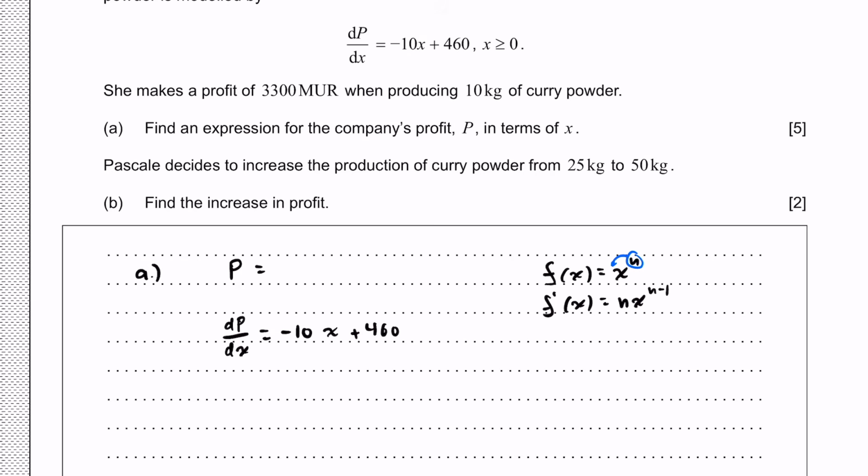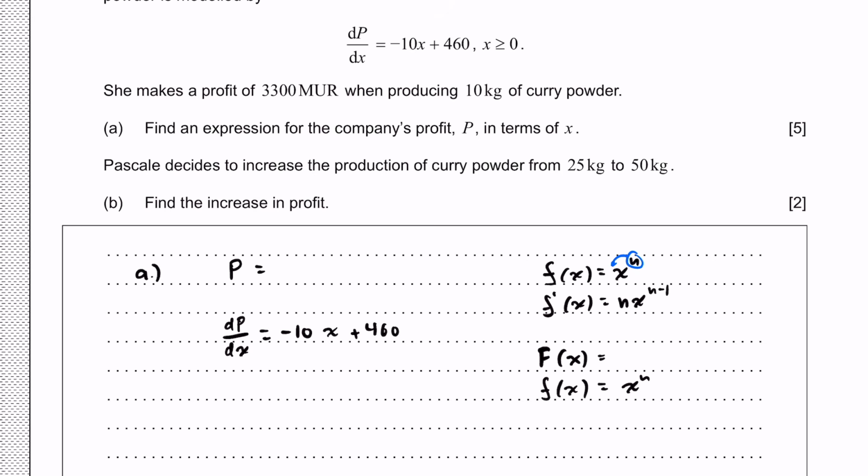That's our derivative. But what if we have some function, for example, and we want to reverse the process? Let's say we have some function, and it's equal to x^n. What if we want to find the antiderivative in this case? Well, we would reverse the process.